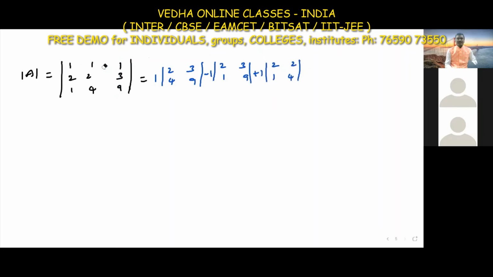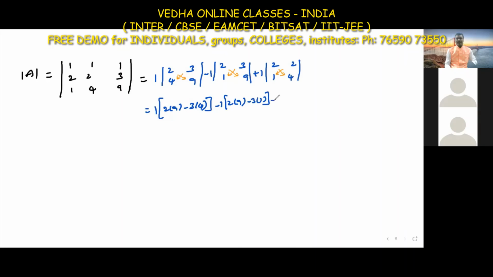How do we simplify? We simplify it like this, AD minus BC: 2 into 9 minus 3 into 4, 2 into 9 minus 3 into 1, 2 into 4 minus 2 into 1. So this is equal to 1 into (2 into 9 minus 3 into 4), minus 1 into (2 into 9 minus 3 into 1).